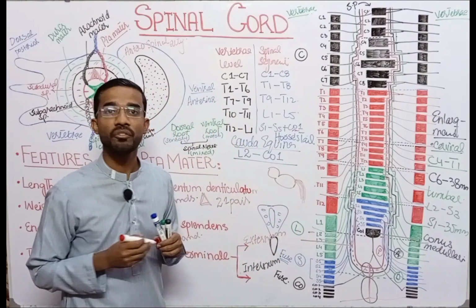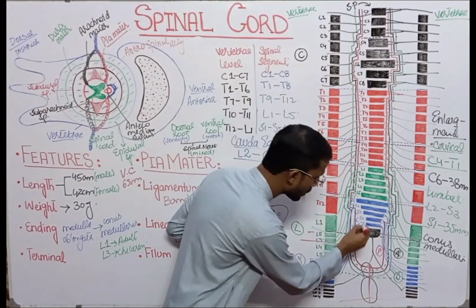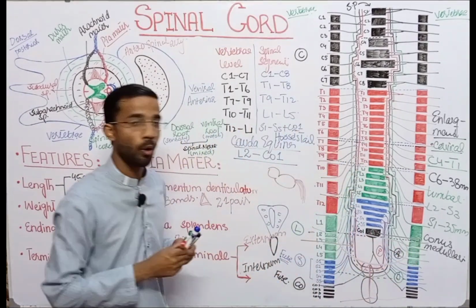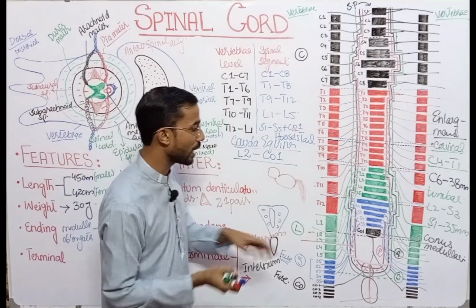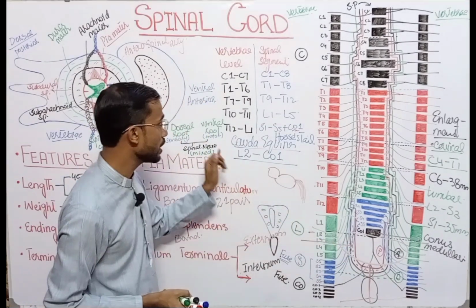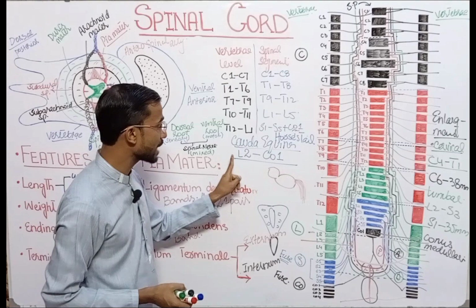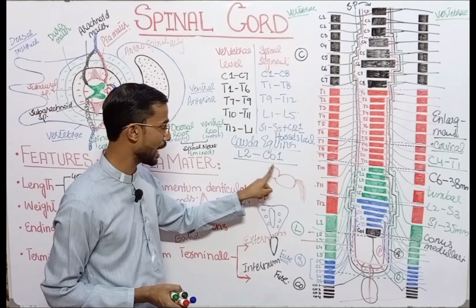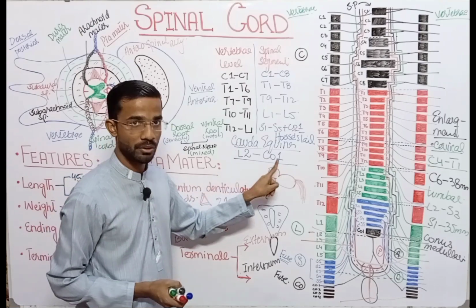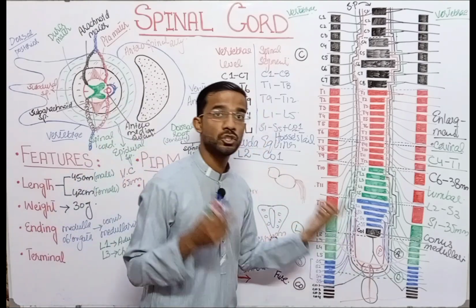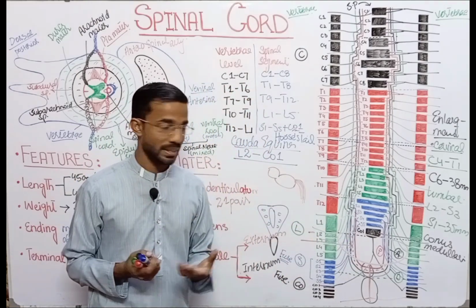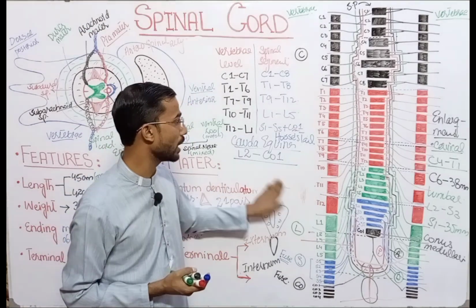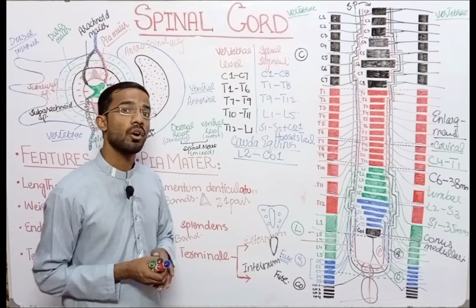A horse tail has a lot of hairs, and this region resembles it. This region, the cauda equina, is present between L2 and coccygeal level 1, and has a lot of nerves that look like a horse tail.